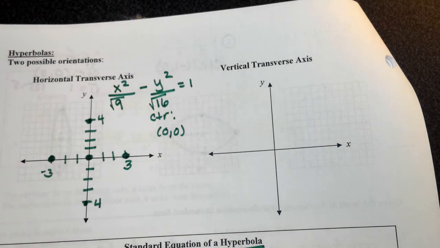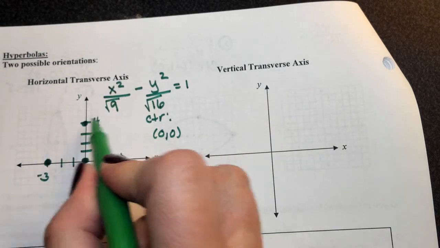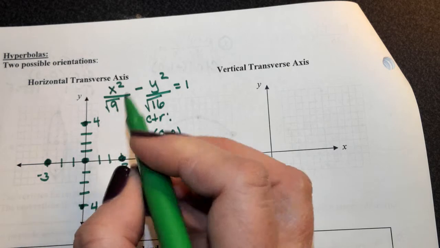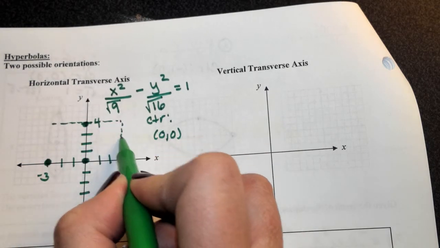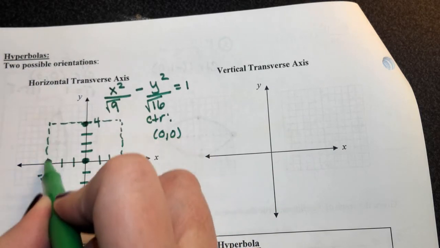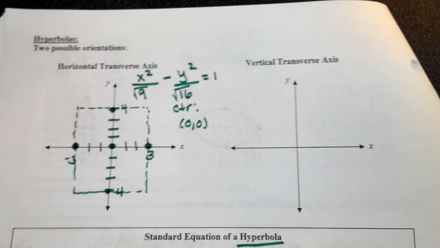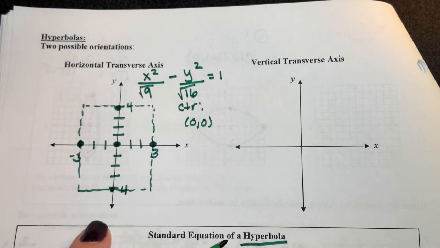So far, not much has changed from graphing that with the ellipse, has it? So now, to help me figure out where these asymptotes are, I'm going to connect these 4 points. I'm going to draw the shape of a rectangle with a dashed line. The asymptotes for this graph are the diagonals of the rectangle.